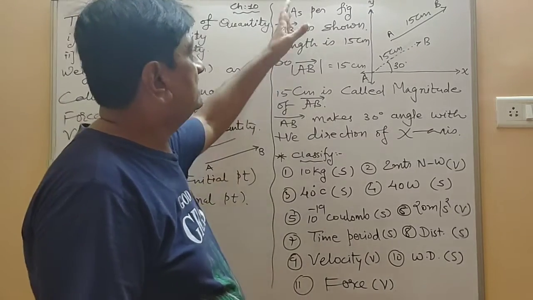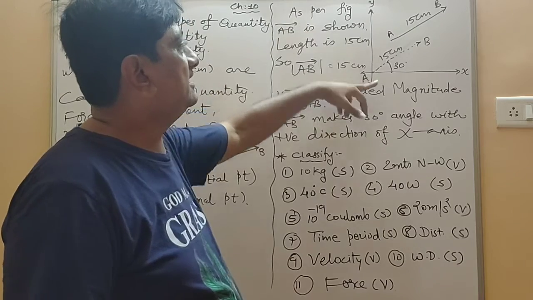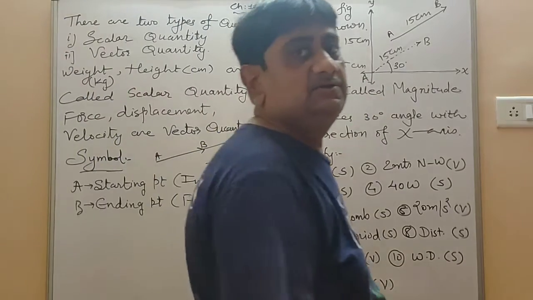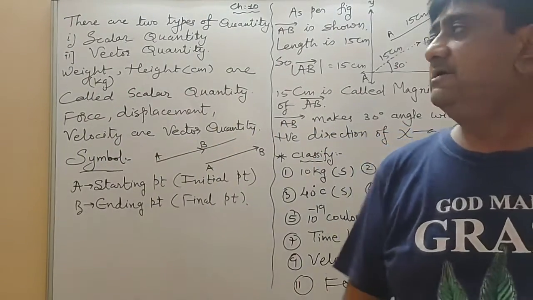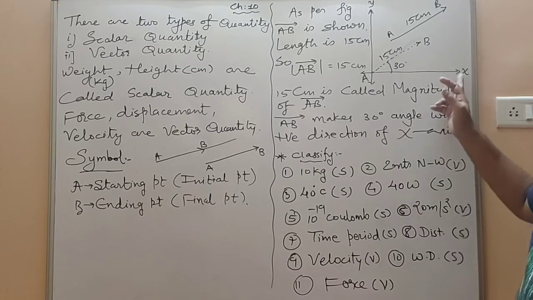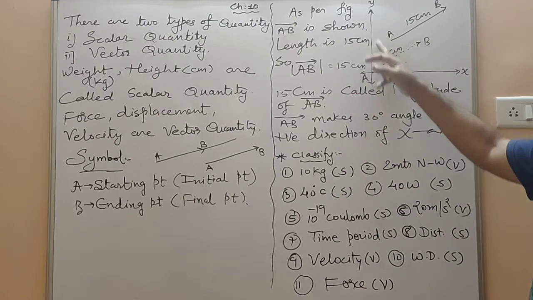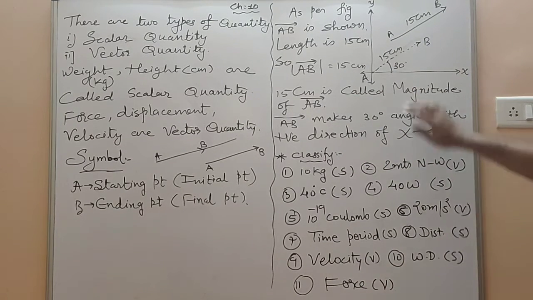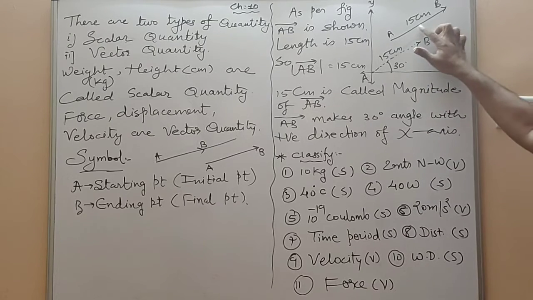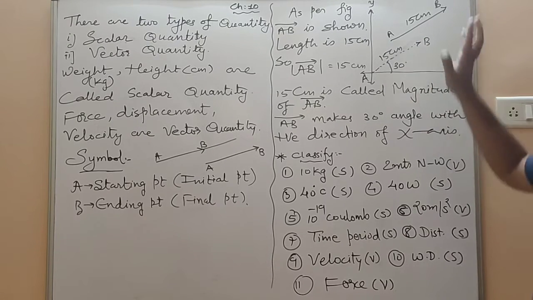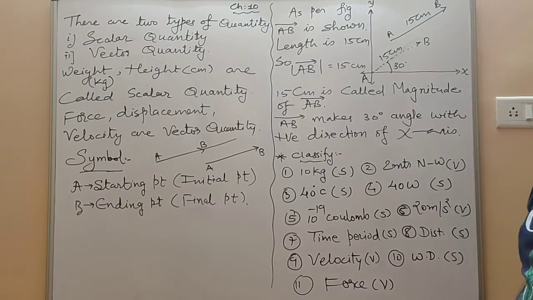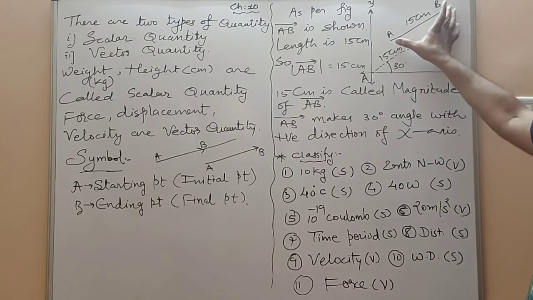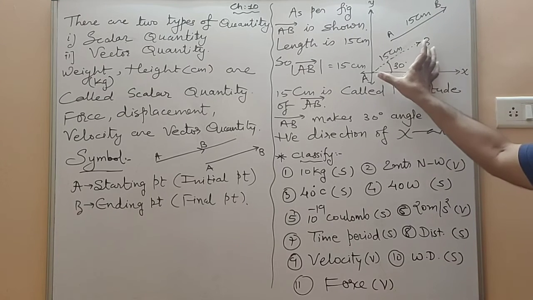Now, see the second part of this as per the figure shown on our board. It is the x-axis. It is the y-axis. It is the AB vector. The length of the AB vector is 15 centimeter. Now, if we put this vector at the origin, then the AB vector is here, and the length is the same, 15 centimeter.